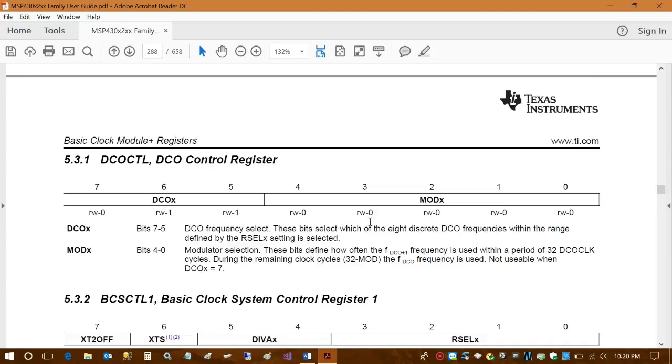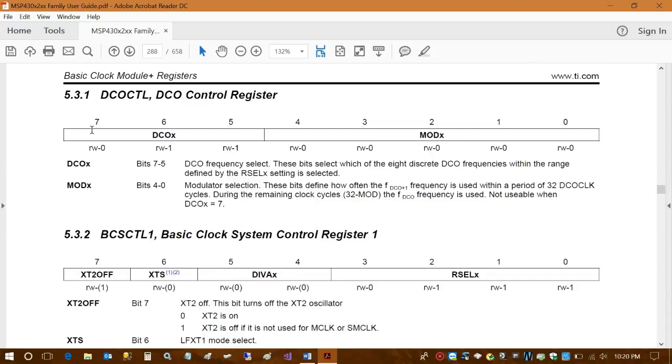So first, coming to the DCOCTL register. Here you see there are only 8 bits. I told you it's an 8-bit register. The first 5 bits, that is 0, 1, 2, 3 and 4, are read-write, and the initial values are 0. As you can see over here, RW-0 means the read-write value initially is 0.